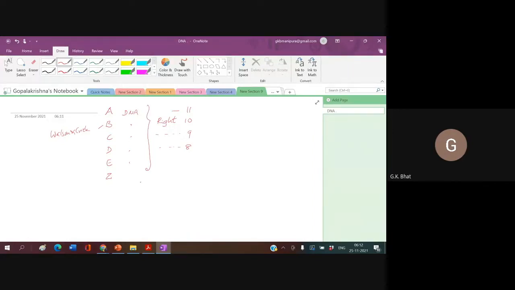ZDNA has 12. ZDNA is left-handed. Just this information, you please have it. Next.